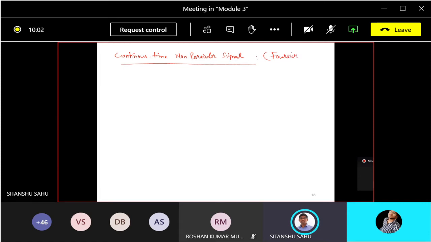This is the most widely used Fourier domain representation, because most natural signals fall into this category. So when you say Fourier transform, we basically mean the continuous time non-periodic signal, which you are representing with the help of the Fourier transform.